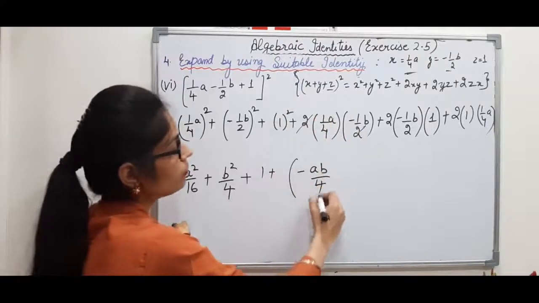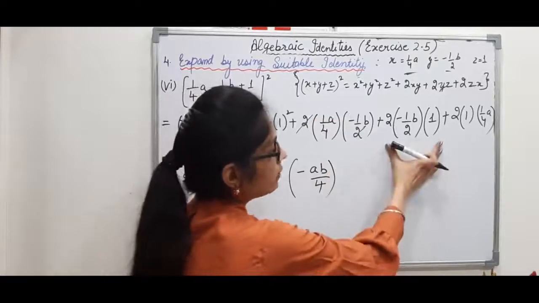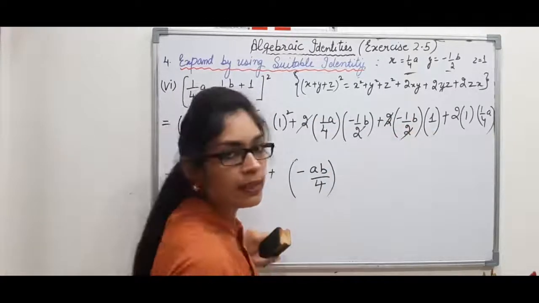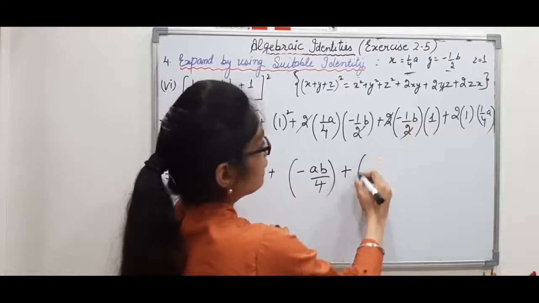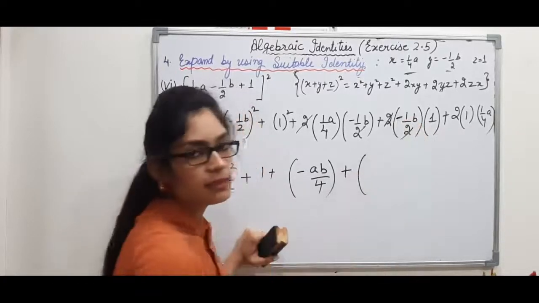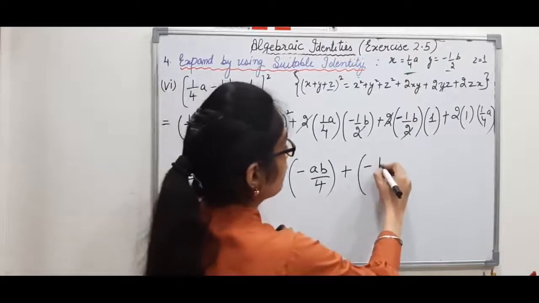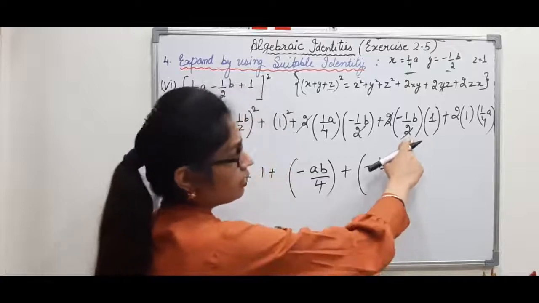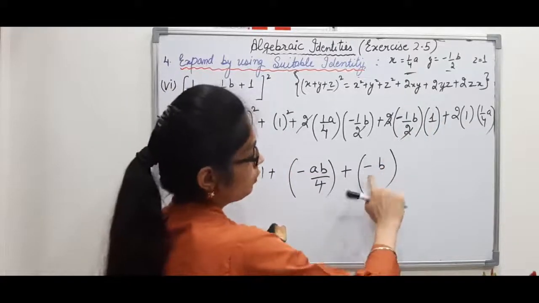Now in the second expression again this 2 and this 2 will get cancelled, so I am left with minus, and only one minus sign is there, so with our answer also minus sign will come. So minus b, because b into 1 is b.